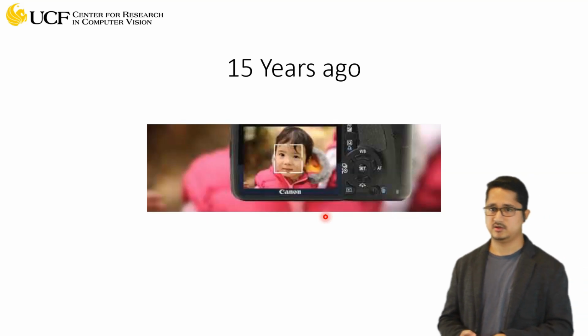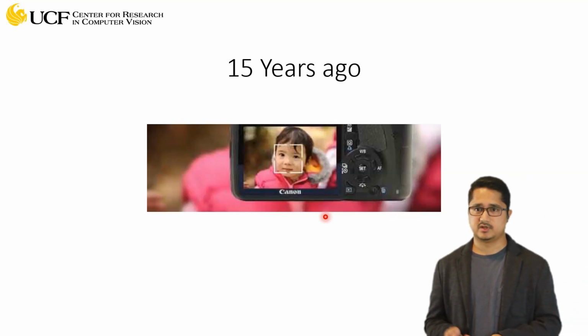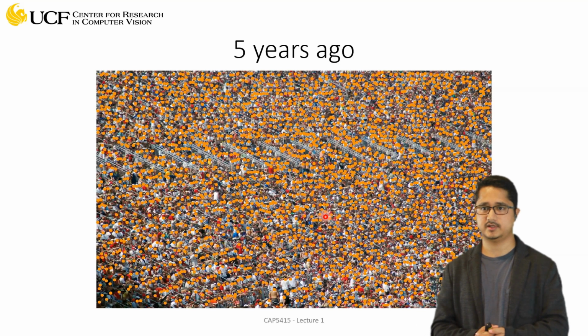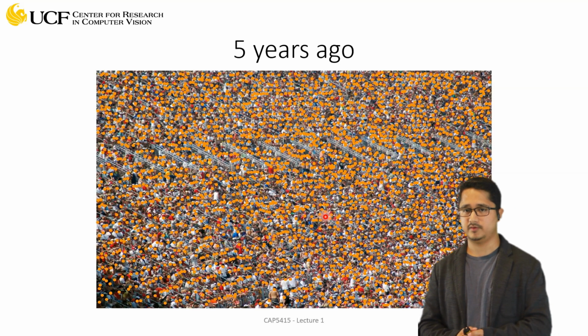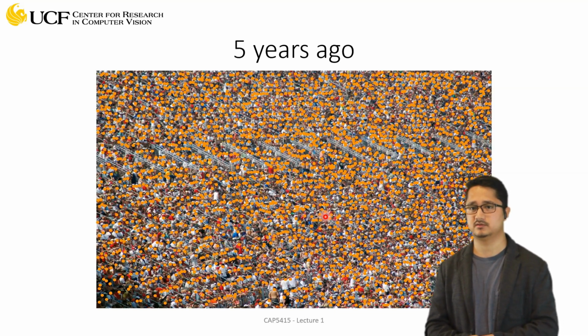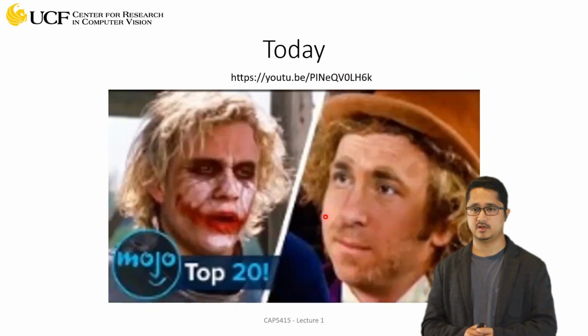Even today, as in the slide I showed earlier, we have algorithms which can count individuals in such challenging scenarios, in a very crowded scene. This is just one example. Of course, there are a lot of other advancements being made in computer vision.